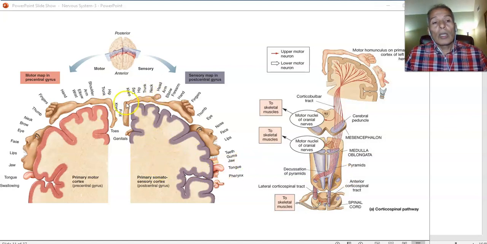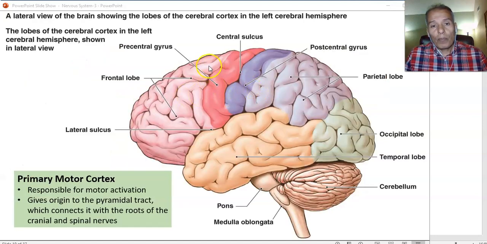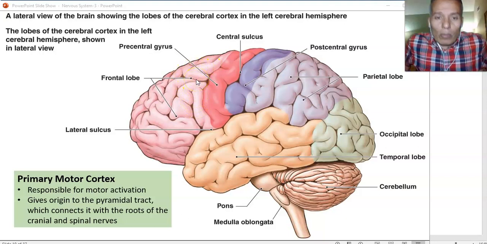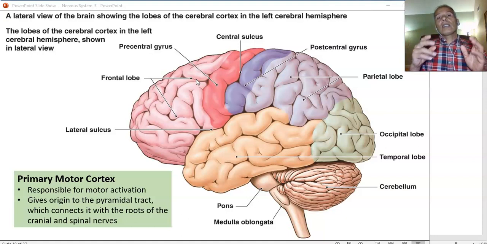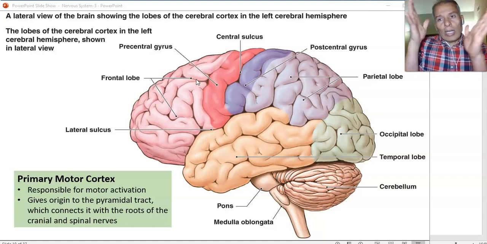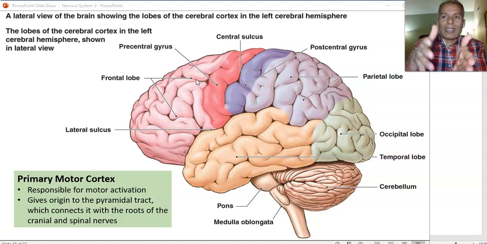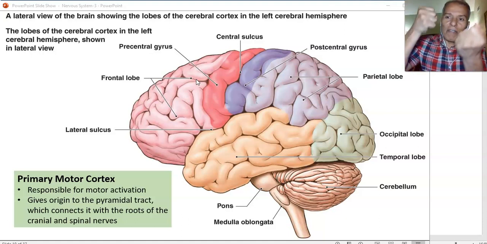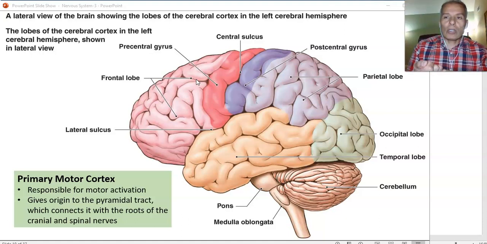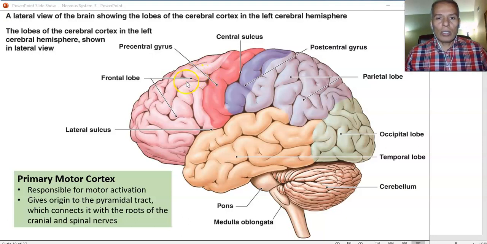So this area here, in addition to planning for motor commands, actually has a bundle of fibers that are engaged in the physical activation of muscles and structures. So in addition to planning, it contributes to the pyramidal tract by providing fibers to contribute to the movement itself.